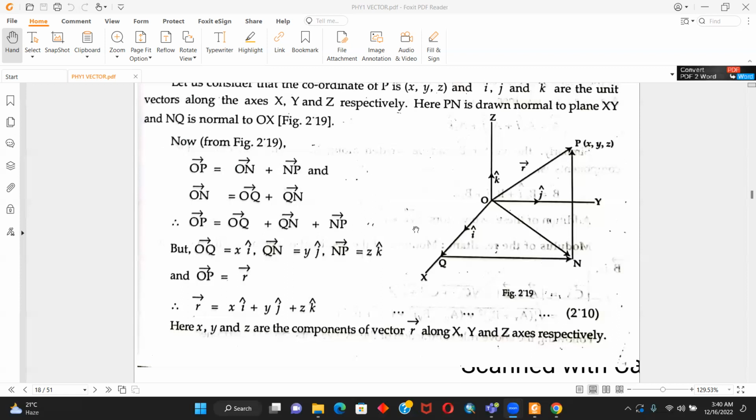So you were saying the addition law of triangles, right? You start from one particular point and a vector ends at that point. From that point, another vector starts and ends at another point.